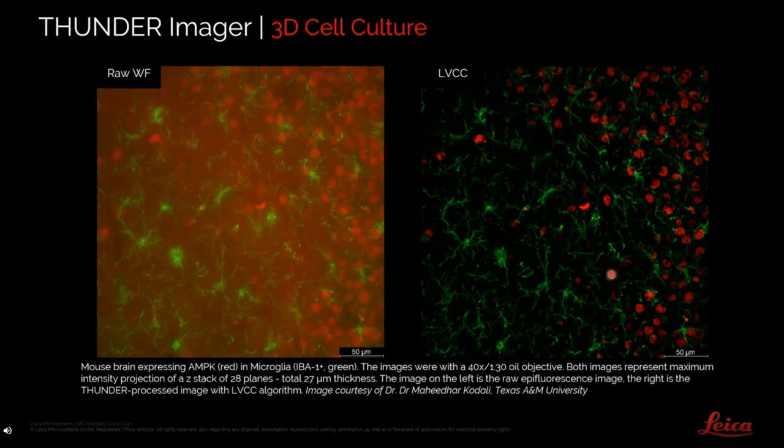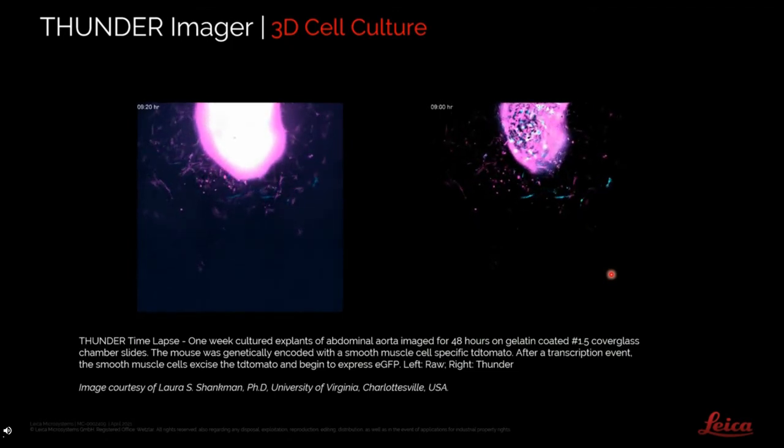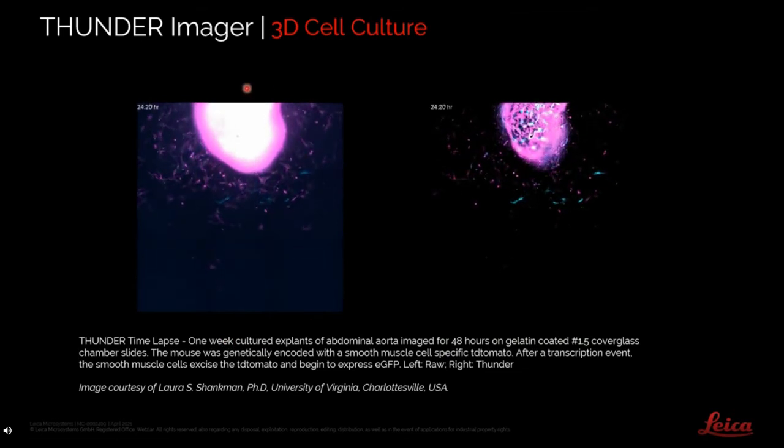This can also be applied to live cell imaging as well. So our next example is actually a 48-hour time lapse of live cells being imaged across multiple wells. This is an explant tissue of abdominal aorta.